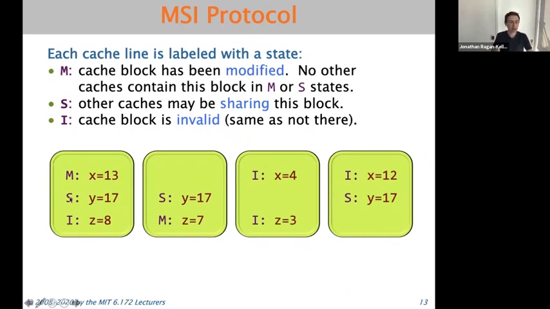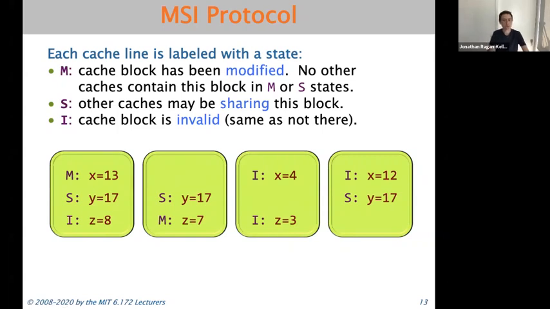Core 1 has the variable y with the value 17. It's in the shared state, and we can indeed see there are shared copies also in 2 of the other cores. Those are all coherent. They store the same value. And then for the variable z, we can see that core 2 has it in the modified state, and there are stale copies that have been thrown away in 2 of the other cores.